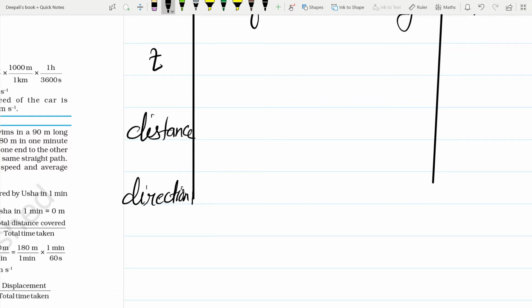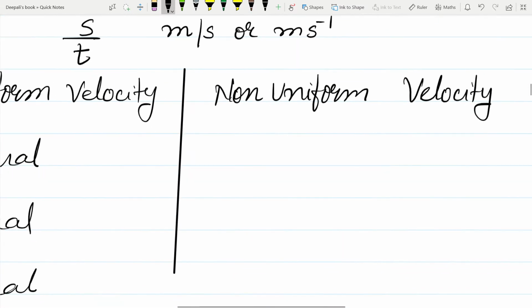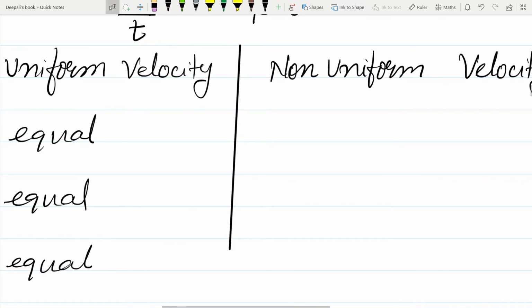Now, here there are three possibilities. For uniform velocity, time is equal, distance is equal, and direction also is equal. But non-uniform velocity has a little bit of a special case.